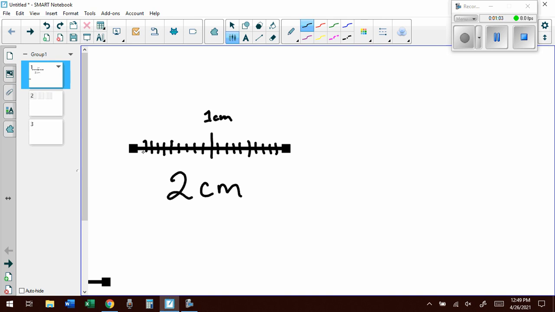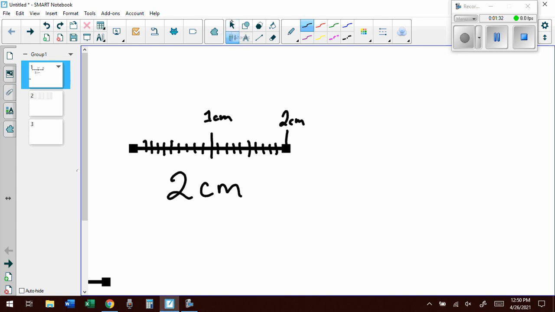So I have 1 tenth, 2 tenths, 3 tenths, 4 tenths, 5 tenths, 6 tenths, 7 tenths, 8 tenths, 9 tenths, 10 tenths, or 1, 11 tenths, 12 tenths, 13 tenths, 14 tenths, 15 tenths, 16 tenths, 17 tenths, 18 tenths, 19 tenths, and 20 tenths, or 2 centimeters.